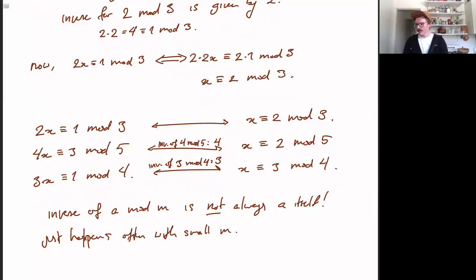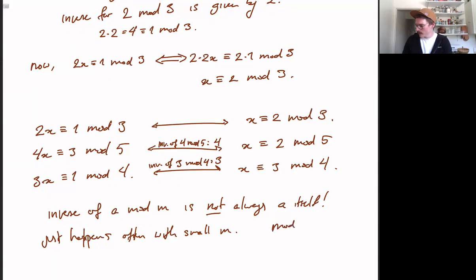But basically, it's just because we're working with very small moduli, very small m. So for example, mod 3 and mod 4, it is true that everything is its own inverse, but that's just because there's almost nothing to work with.